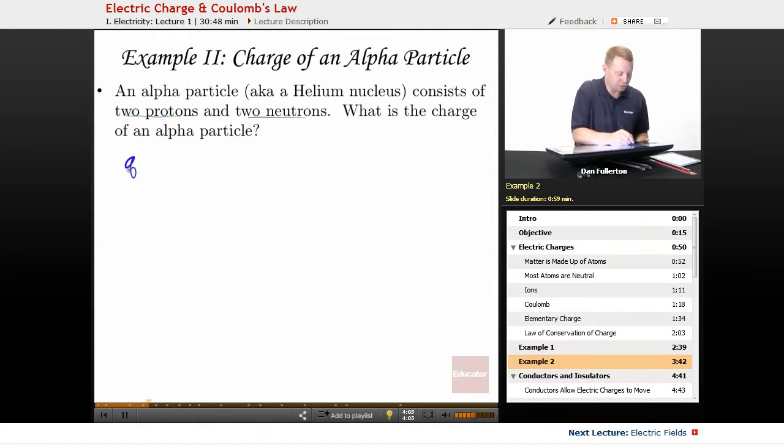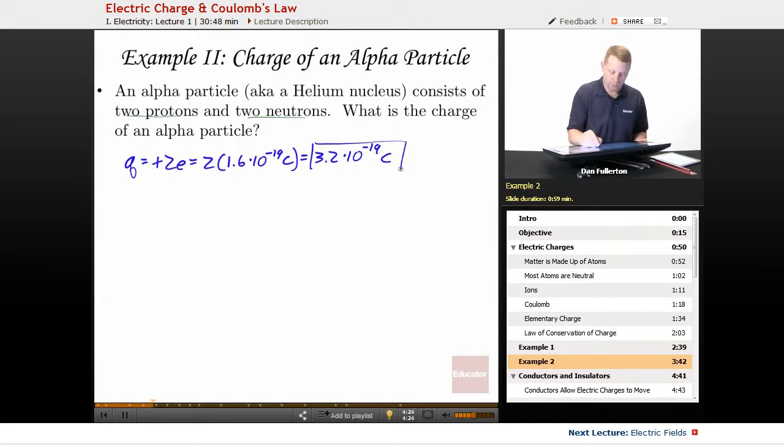So the charge, Q, is positive 2 elementary charges, which is going to be 2 times 1.6 times 10 to the minus 19 coulombs, for a total of 3.2 times 10 to the minus 19 coulombs.